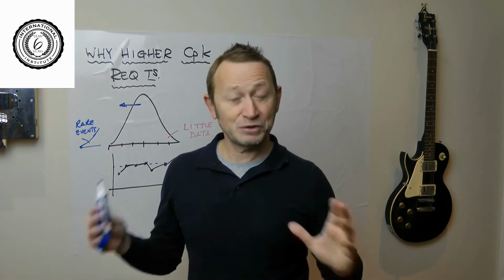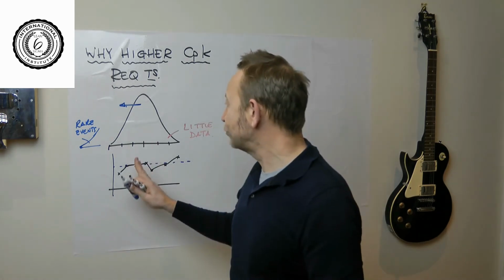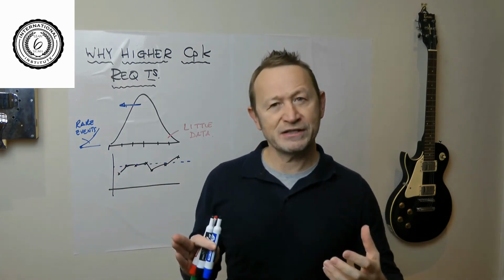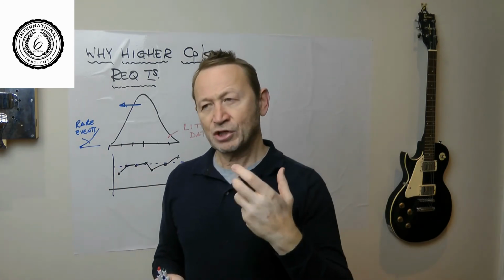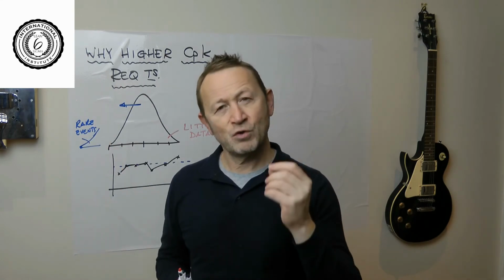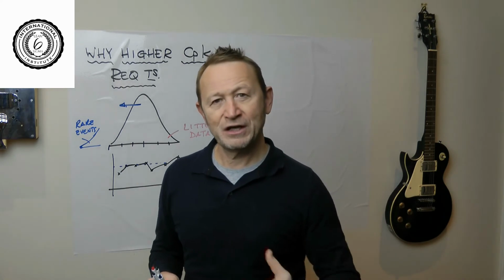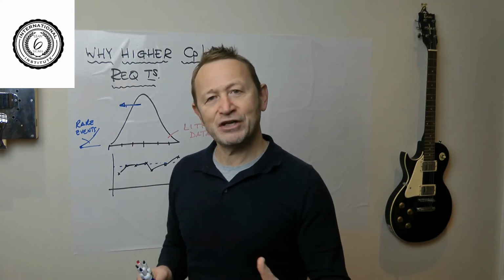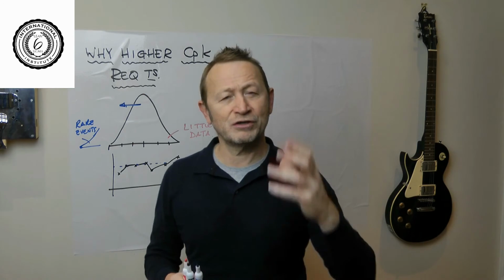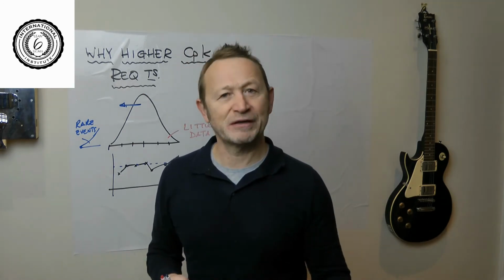Now, people much more intelligent than me have looked at this, and one of the things that they've said is, to be able to see a movement in the normal distribution with some certainty, sort of 95% precision, the distribution would have to move by 1.5 sigma.